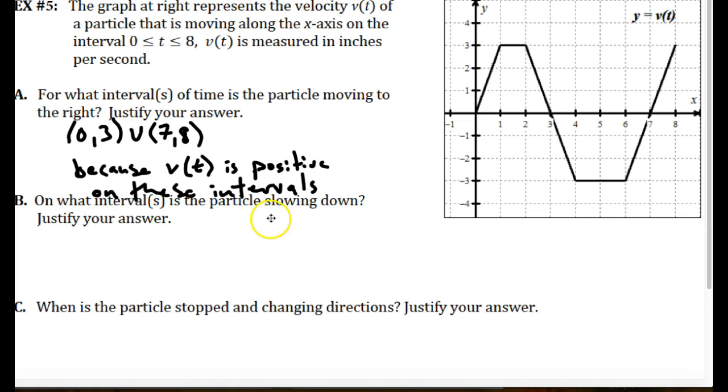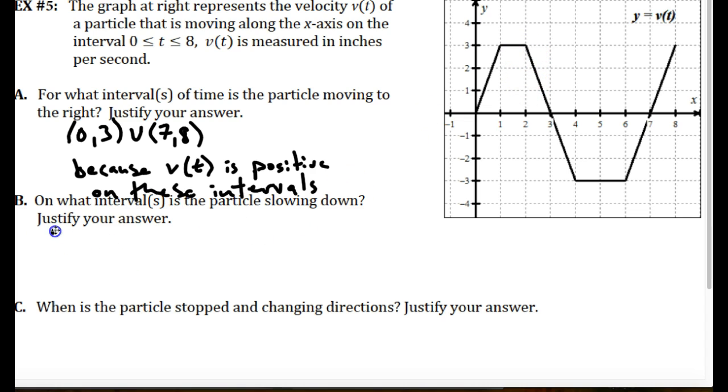Now, when is the particle slowing down? Okay, slowing down, remember, we said meant that velocity and acceleration have opposite signs. Or, in terms of a velocity graph, that means that we are getting closer and closer to the x-axis, or the t-axis. So that would be this piece right here and this piece right here. Right?